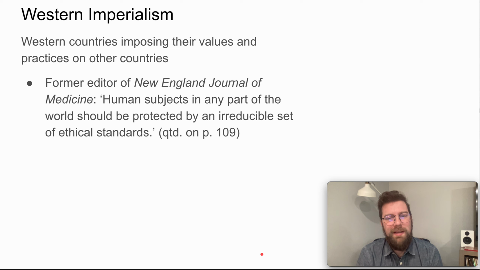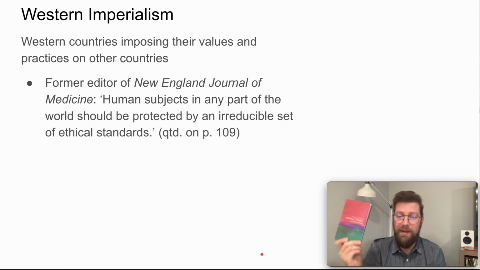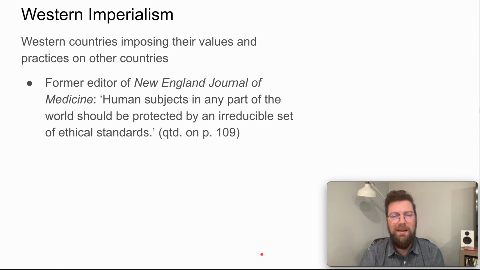So quoted on page 109 of our reading by Dunn and Hope, they find that the former editor of the New England Journal of Medicine once said that human subjects in any part of the world should be protected by an irreducible set of ethical standards. So it seems that she is saying there are certain rules that apply to everybody, everywhere, no matter what.